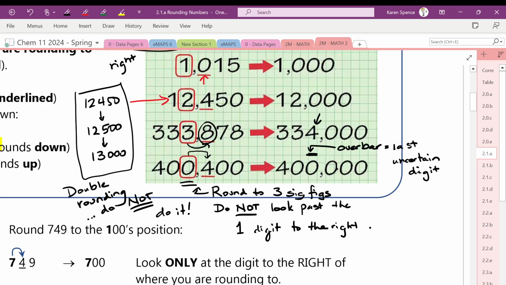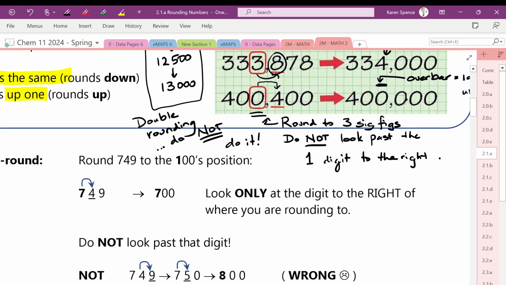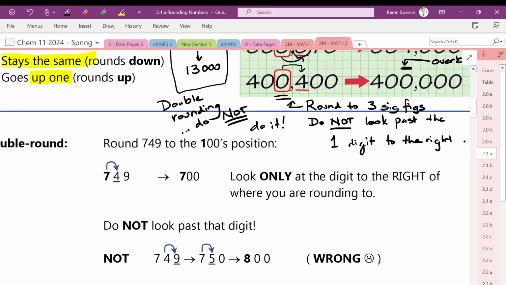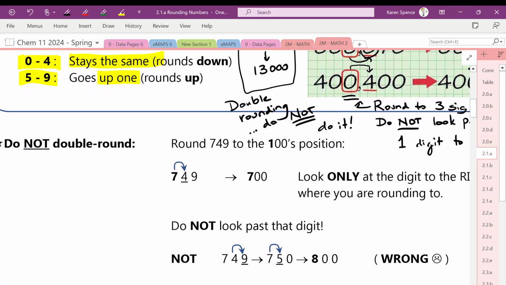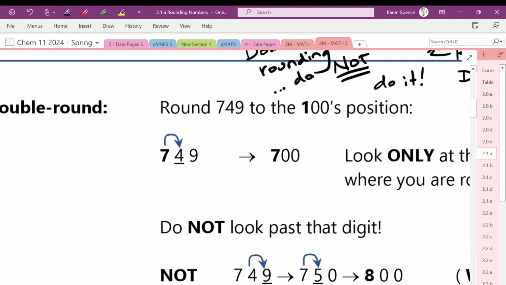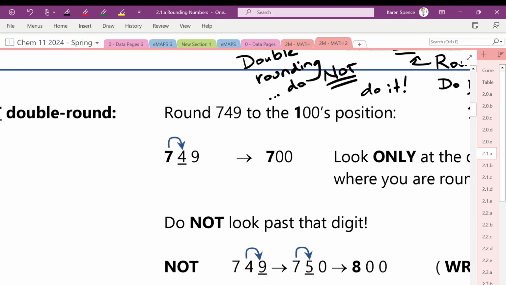All right. Round 749 to the 100s position. This is where people tend to double round because they'll look at it and say, oh, 49, that's almost 50.